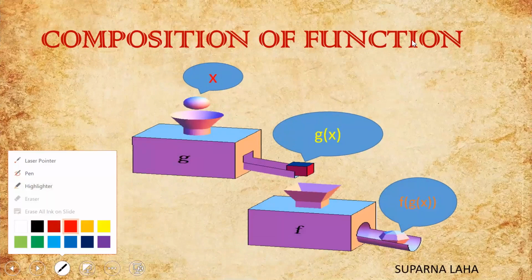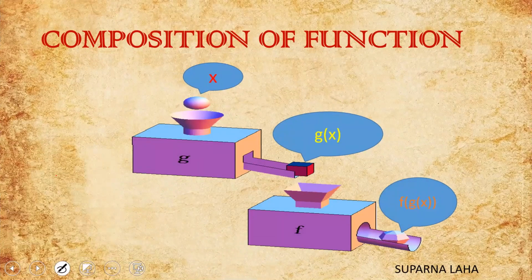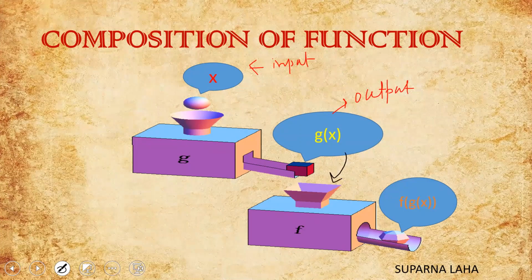So what is composition of functions? We all know that for a function there is some input, and according to that we get some output. Now I'm using this output as an input of another function f, and here I'm getting another output.